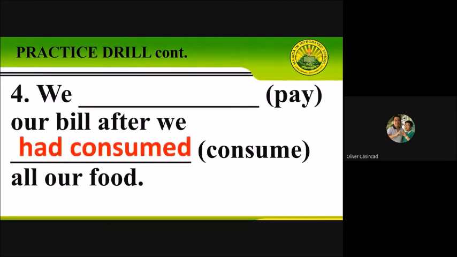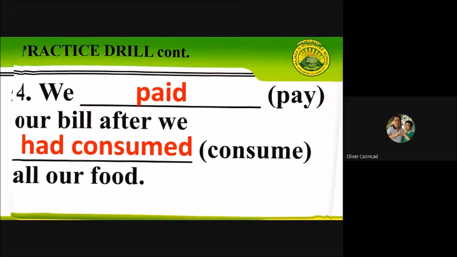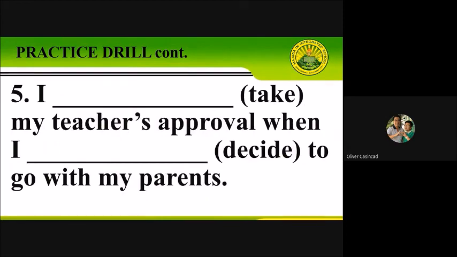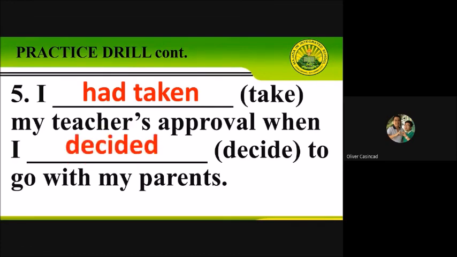You have had consumed, had plus the past participle, and pay would be in the simple past tense, which is paid. Next, the other two actions, take, decide. Which happened first? You have had taken, then decide would be decided in the simple past tense.